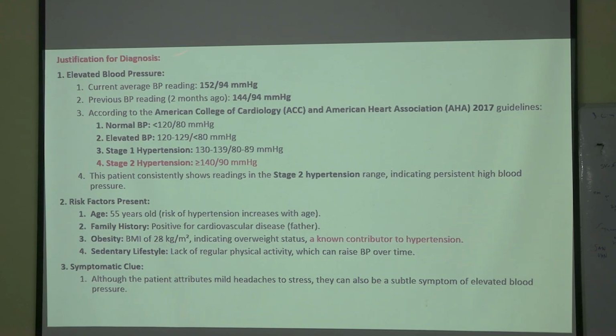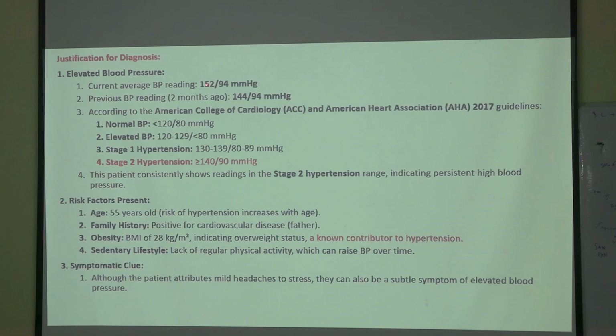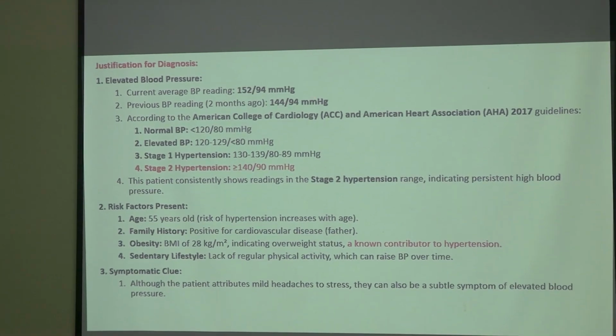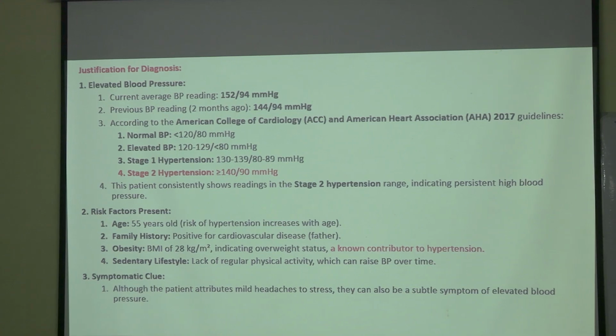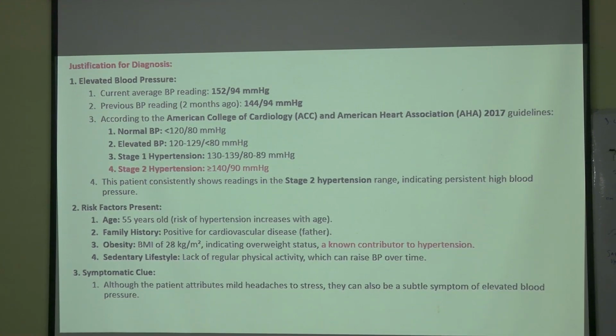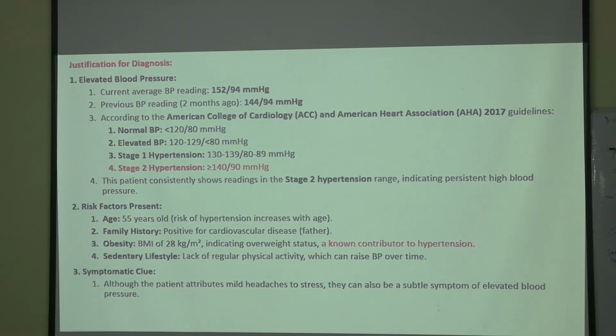Regarding the blood pressure, it is 152/94. The previous blood pressure was 144 and 94 millimeter mercury. As I mentioned, there is some reference or standard value, and we have to compare our value with it so that we can diagnose the subject.